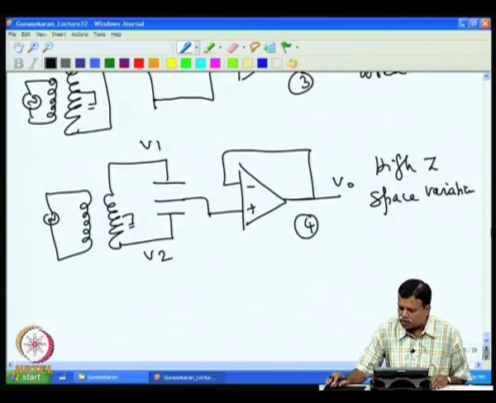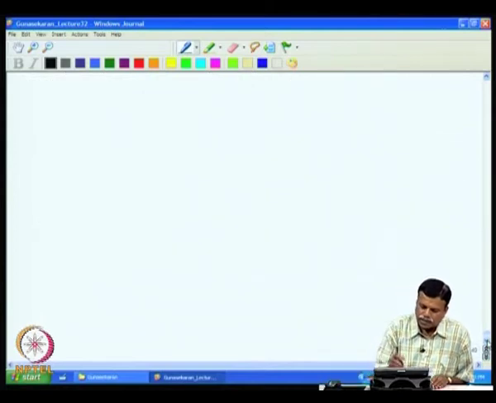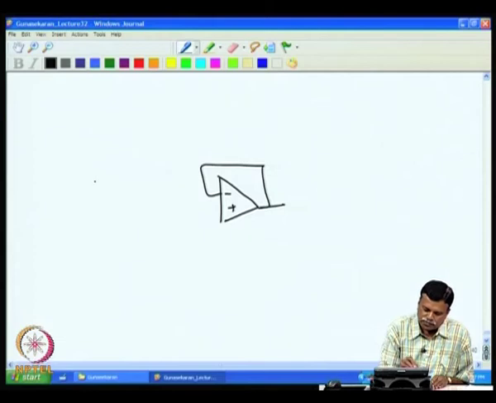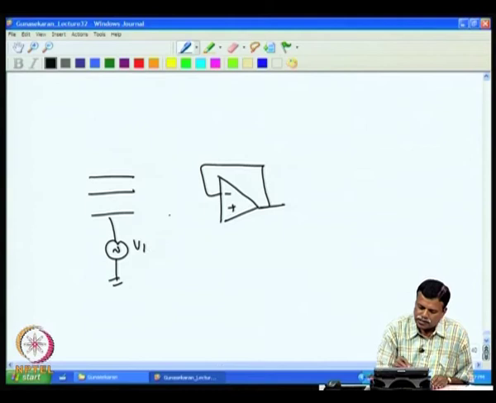Then we can also have 2 more variants, that is the IZ amplifier, in which we want to make the output 0. For example, if it is a space variation, I can have the excitation voltage given here, and this is given to the high input impedance terminal, and then this can be amplified.